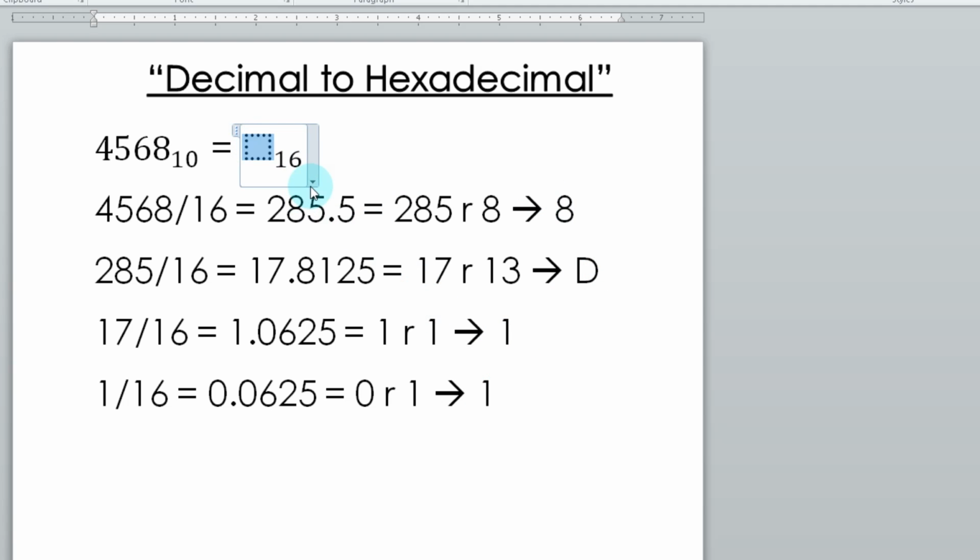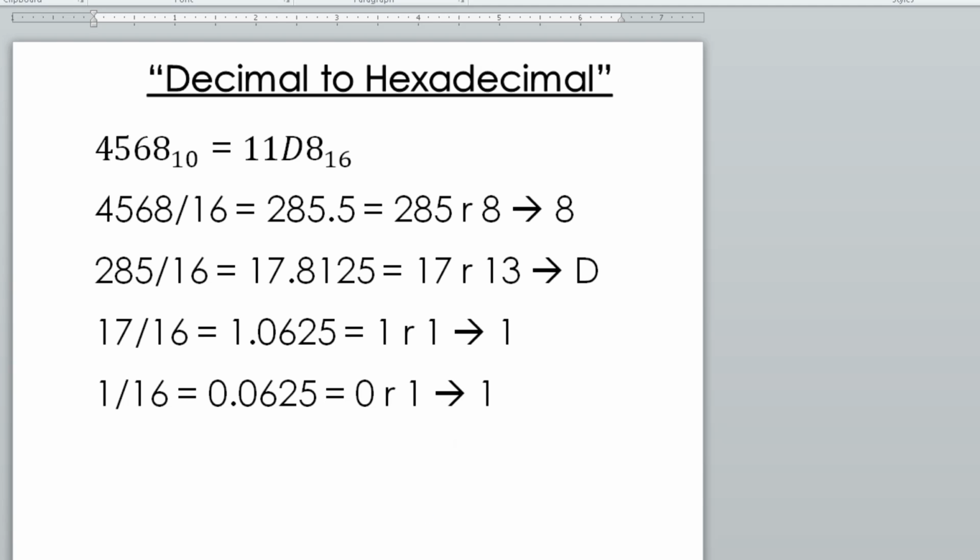That is the value of this 4568 decimal number: 1 1 D 8. So the decimal 4568 is 11D8 in hexadecimal, which is a base 16 system.